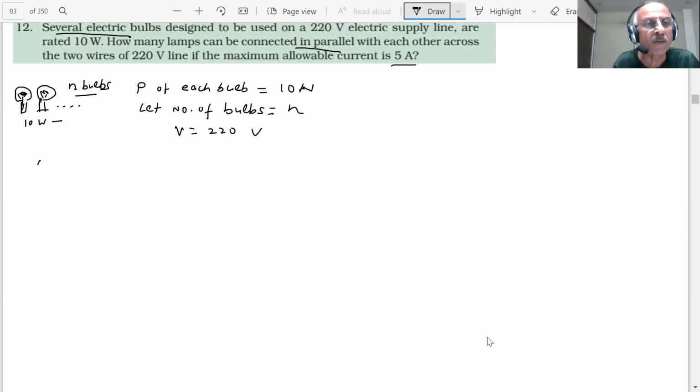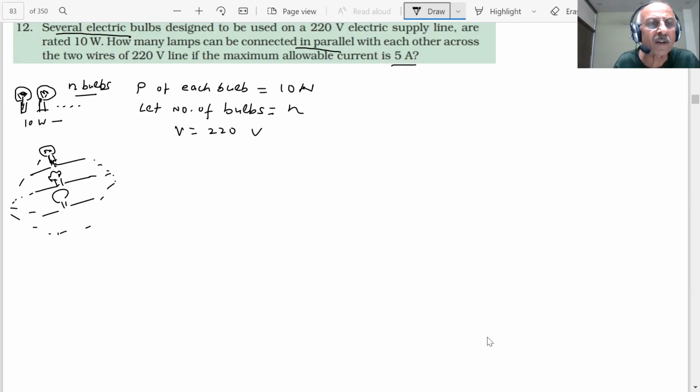So you have to connect, student, these are the bulbs, students. Bulbs have to be connected with how? In parallel, student. Bulbs will be connected in parallel.